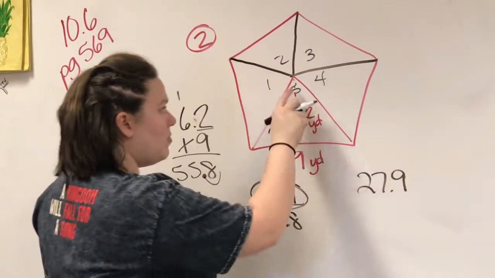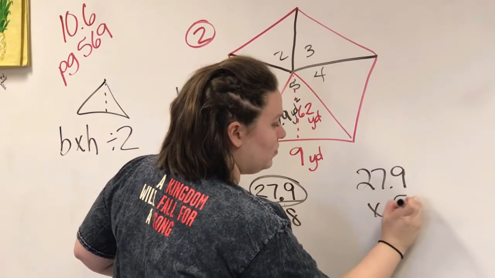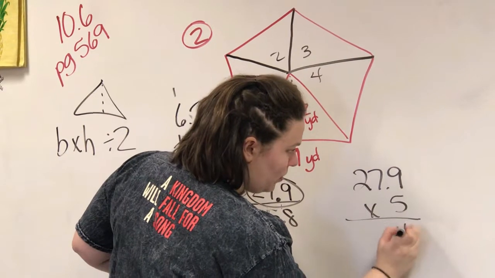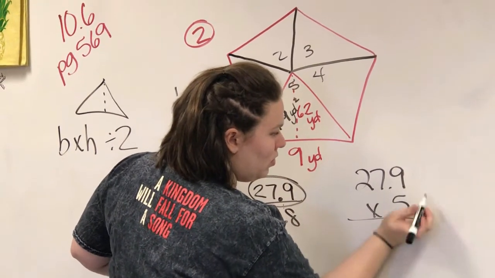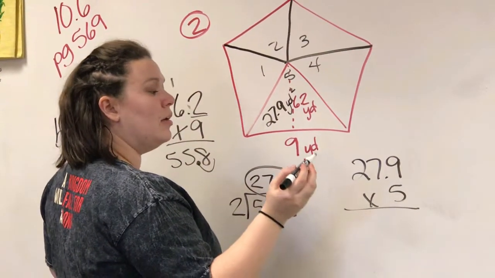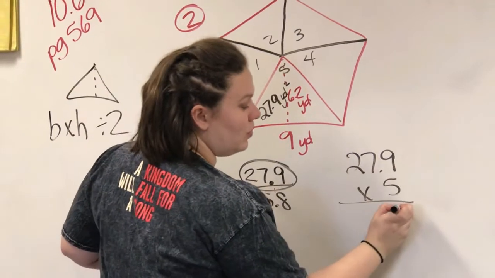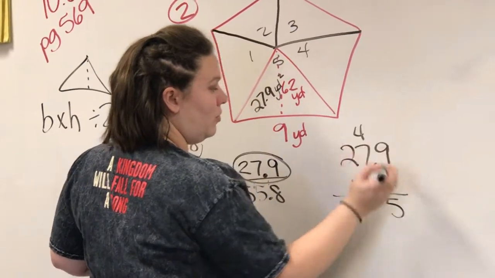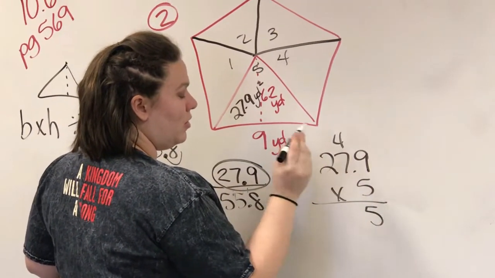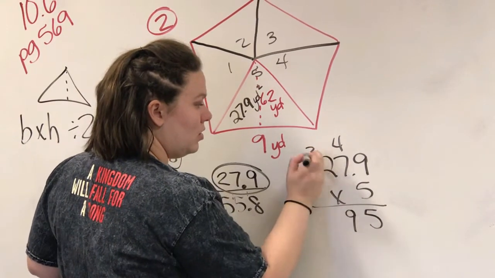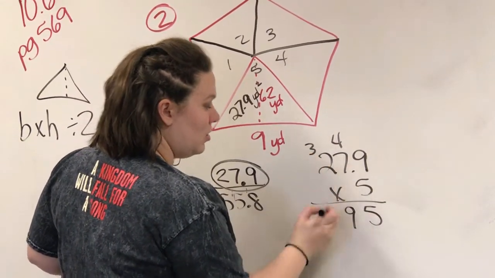27.9 times 5 triangles. 9 times 5 is 45. 35, 39. 10, 13.